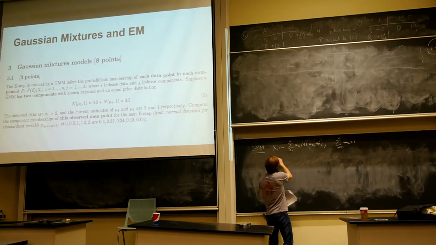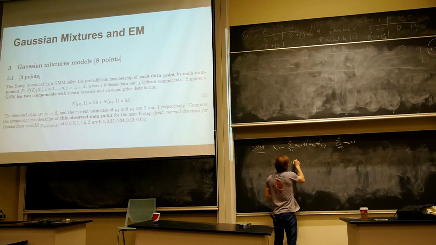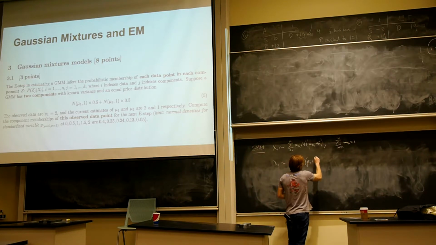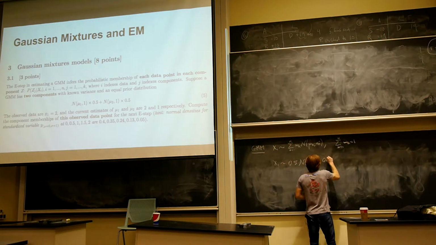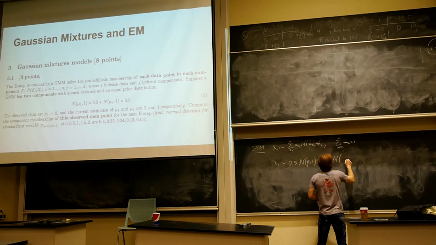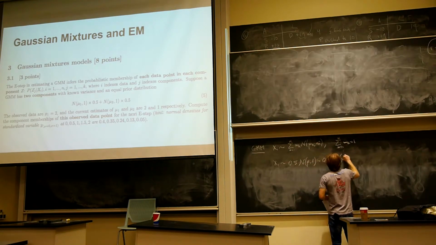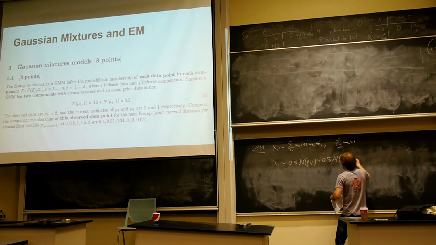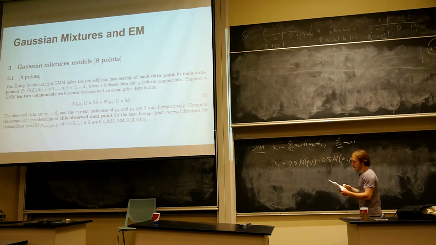And of course, this is written as xi drawn from 0.5 times a normal with mu1, comma 1, plus 0.5 times a normal with mu2, comma 1.